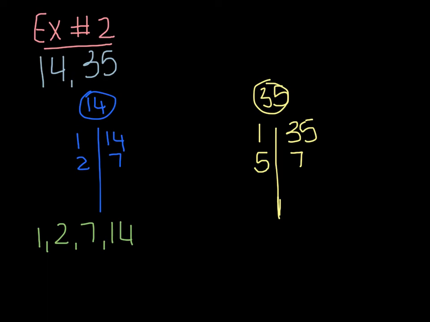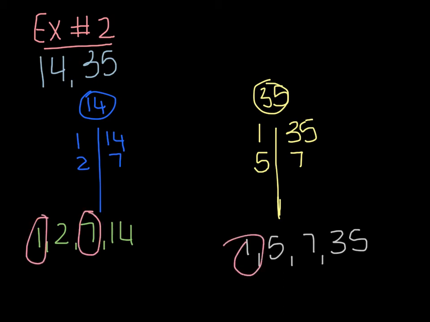So I'm going to list those out. We have 1, 5, 7, and 35. And now I'm going to circle all the common factors that both numbers share. They both have 1 and they both have 7. So the greatest of the ones that they share is 7. So the greatest common factor is 7.